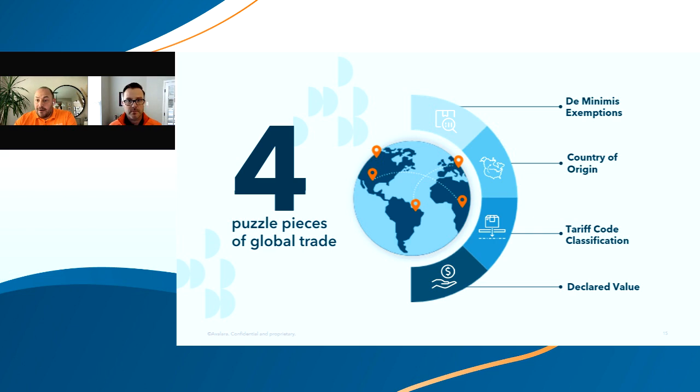Brian, have you heard anything different from the folks that you've been speaking with? No, I think, for those who are unfamiliar, the HS code is ultimately how customs determines what is in the shipment, right?